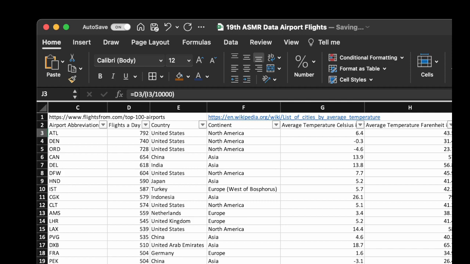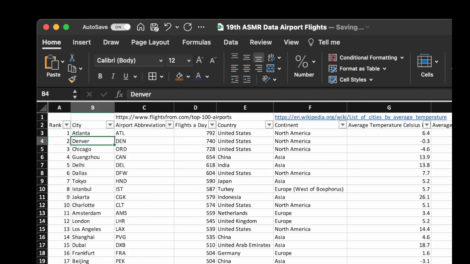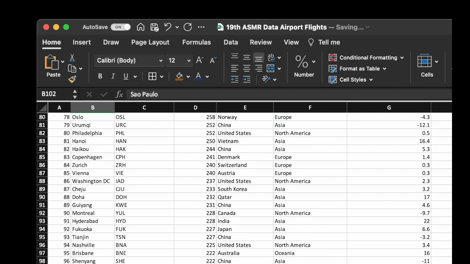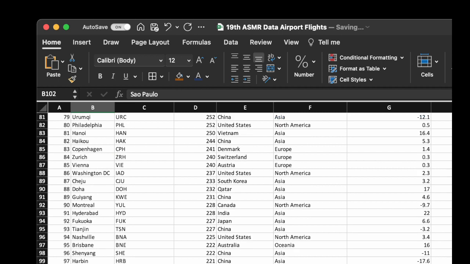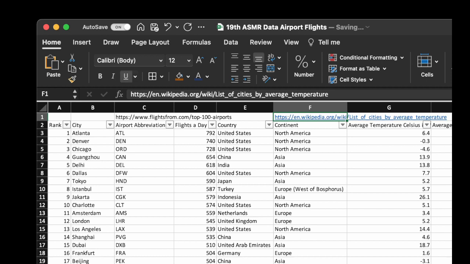And then, like I say, Atlanta was the busiest, followed by Denver, Chicago, Guangzhou, Delhi, and then we go all the way to the bottom, where the 100th busiest airport was Sao Paulo in Brazil. One interesting thing when I looked at the data for the continents: Antarctica and Africa did not have any city or airports that were the 100 busiest, which surprised me.